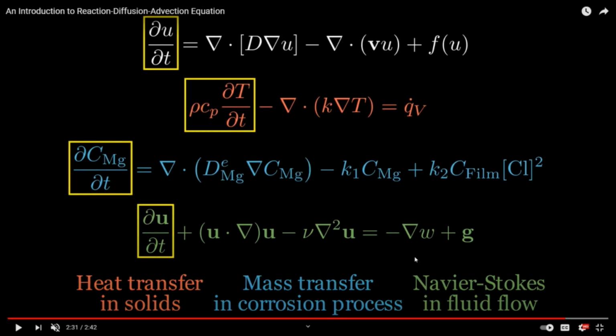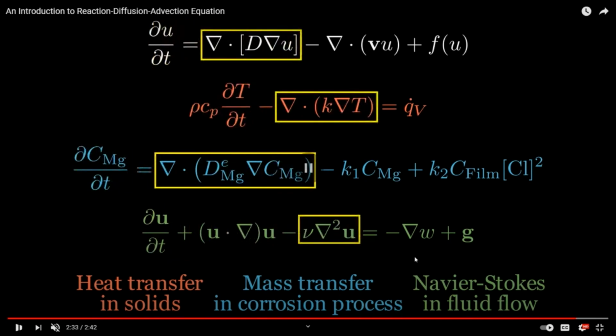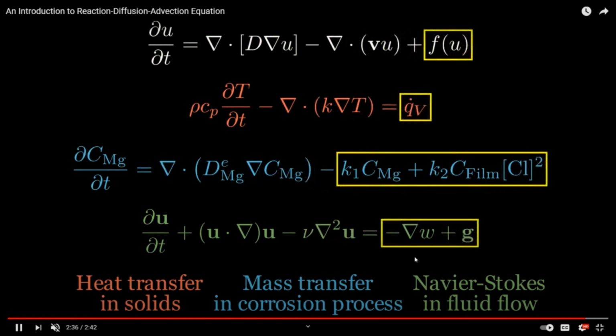You can see that the reaction-diffusion-advection equation can have different forms, and really different terms appear, but they all have the same pattern. So the temporal evolution, the diffusion term, which is related to the divergence of a gradient or the second partial derivative, and then the reaction term.